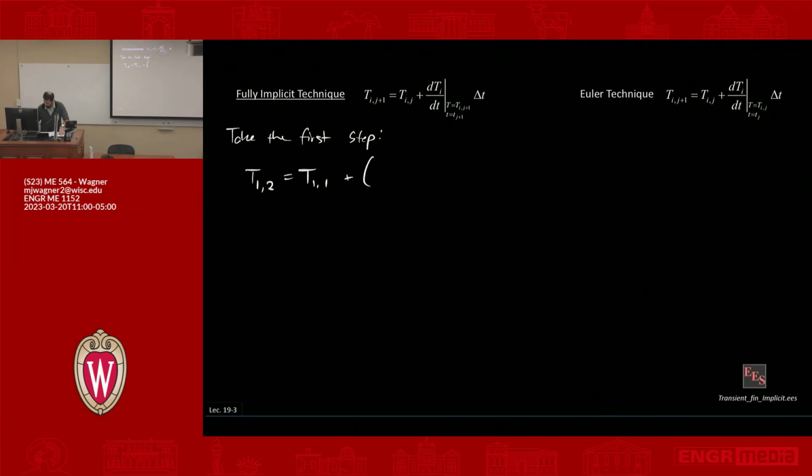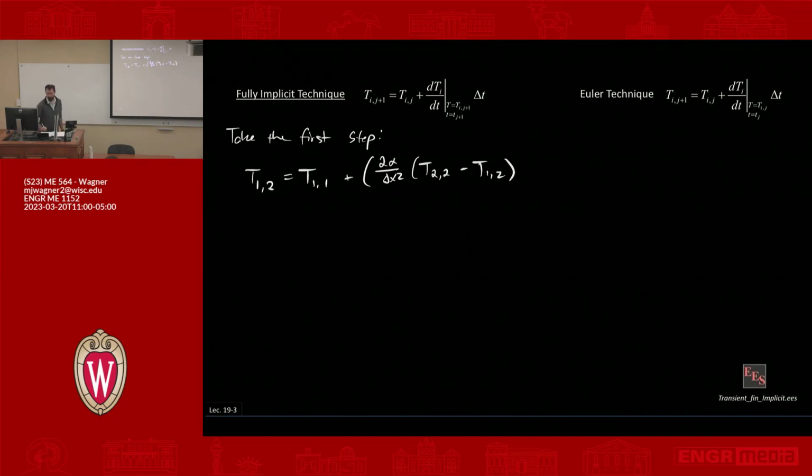So that's going to be the quantity 2 alpha over delta x squared times temperature, now at node 2 and time 2, and we're subtracting from that the temperature at node 1, time 2.